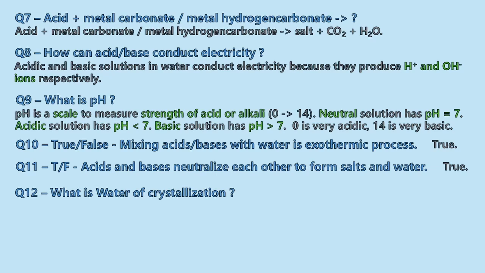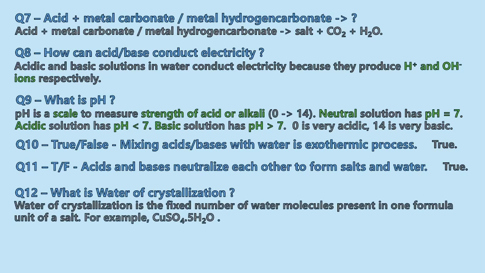What is water of crystallization? See, what happens in crystals is that water does not react with the molecule. It just sticks around. It attaches itself to the molecule to form bigger molecules which then form crystals. So water of crystallization is a fixed number of water molecules present in one formula unit of the salt.